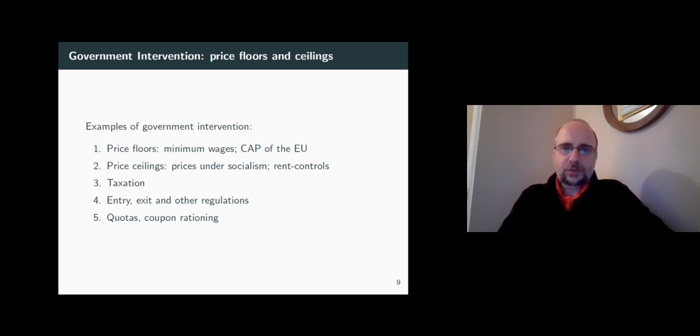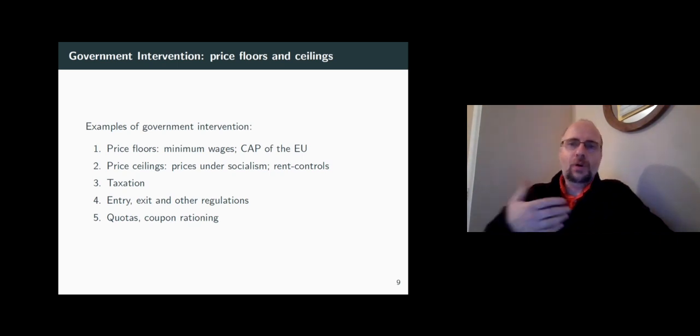Quotas are typically introduced on the supply side of the market when the government decides that there is too much of a certain product on the market and wants to limit its supply on the local market. This is used, for example, in case the government wants to protect local firms from potential entrants from abroad. Coupons, on the other hand, are ways to ration the demand side of the market, to limit the quantity demanded down to a certain level which the market can supply.